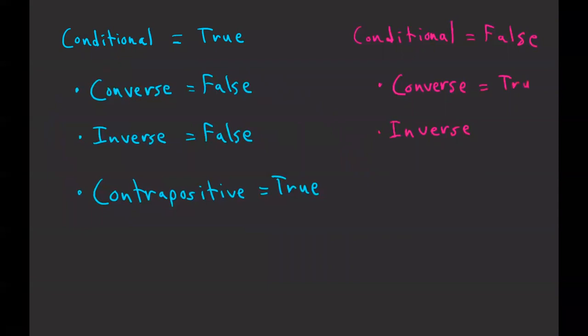And what we're seeing here is that basically whatever the conditional is, we just flip it for the converse and the inverse. And the contrapositive is also the same as the conditional, so it would also be false. And the name of the game here is just, hey, I've got a conditional and a contrapositive, which always take the same truth value, and I've got converse and inverse, which take the opposite truth value. So here's another example type of problem that I could give you.